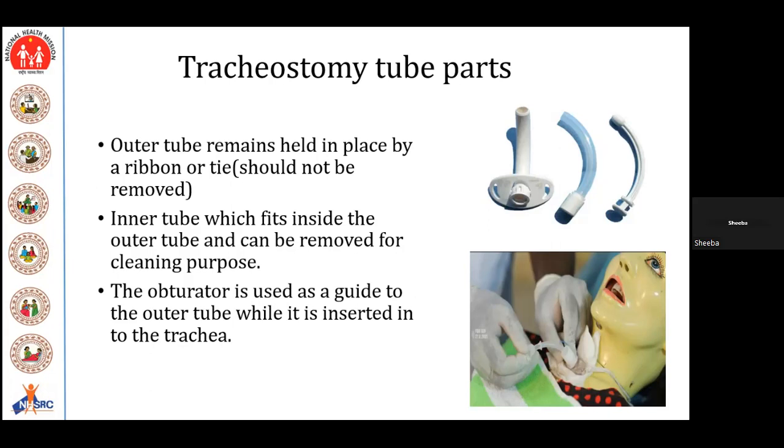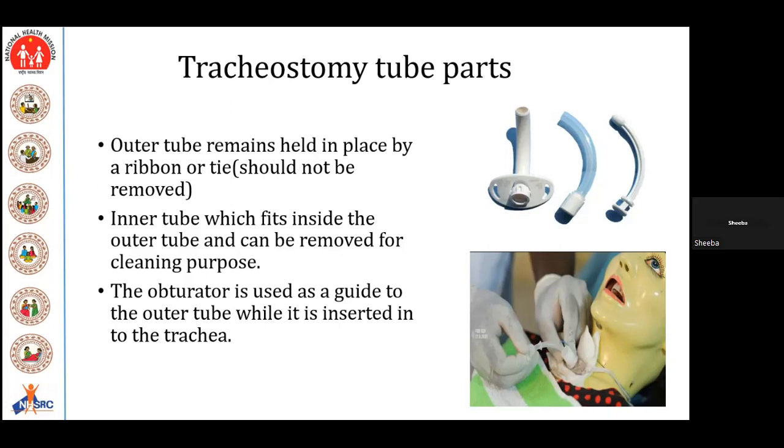The purpose of the obturator is to guide the outer tube while we insert it into the trachea, so that the outer tube is properly inserted into the trachea.